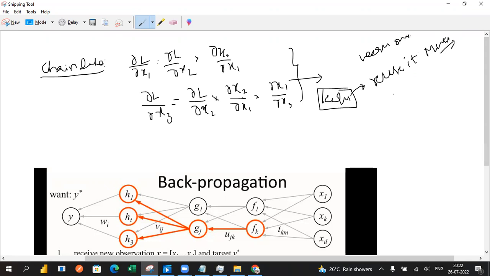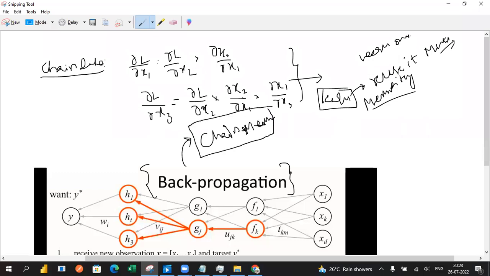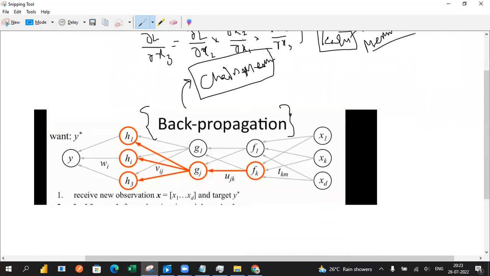That is nothing but memoization. We are going to apply this theoretical concept to the neural network. So the back propagation algorithm works with the addition of chain rule plus memoization. Whenever you learn chain rule plus memoization, that's how it works out.